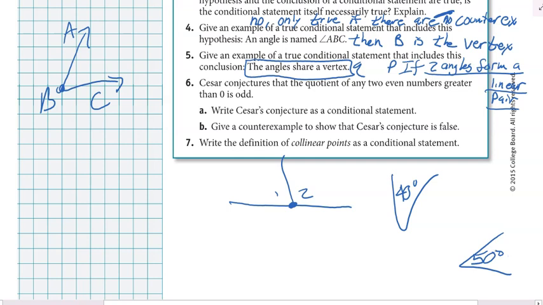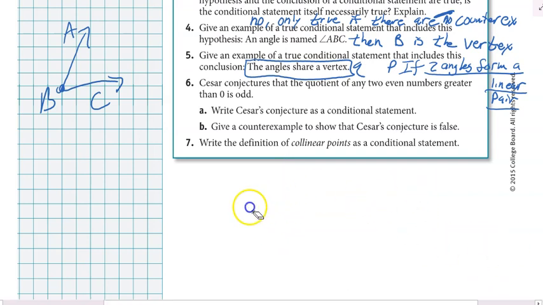So that would not necessarily have been a true conditional statement if you said if two angles are complementary or if two angles are supplementary. But specifically, I made them a linear pair, which by definition they have to be adjacent to each other to share a vertex. You could have just said if two angles are adjacent, then they share a vertex. Would have been another easy one you could have used.